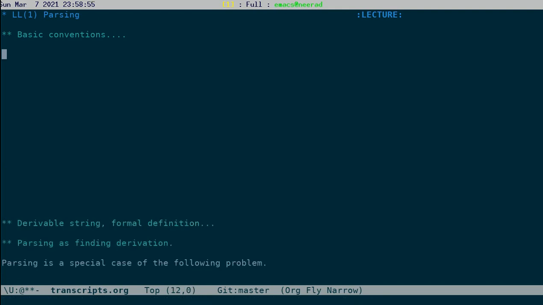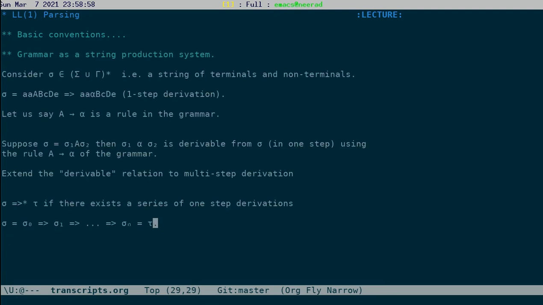Okay. So what we mean by that is you reach tau by continuously replacing a non-terminal with its right hand side.